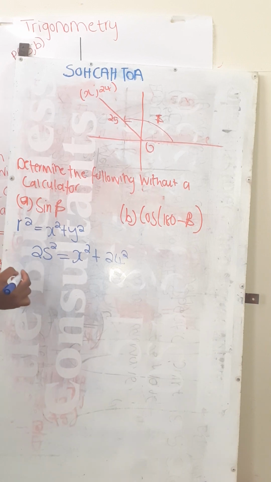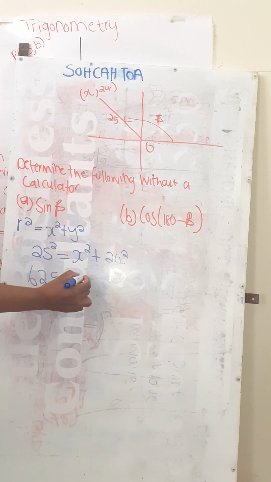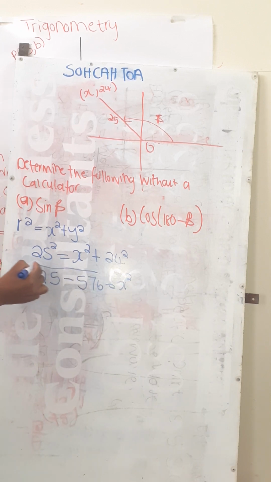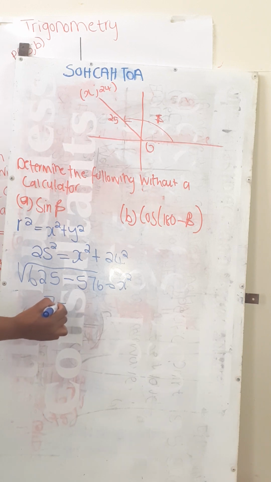Now this will be 625, and this you take to this side so that we can have x by itself to be able to solve, and 24 squared will be 576. So 625 minus 576 equals x squared. Now we are going to square root it. We are going to have 7 equals x.